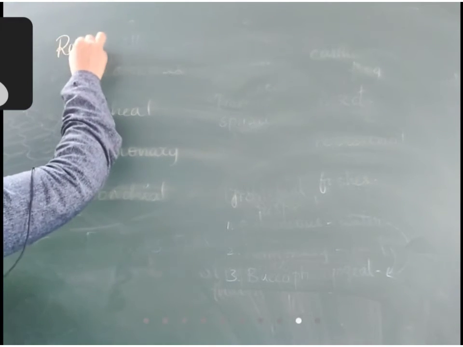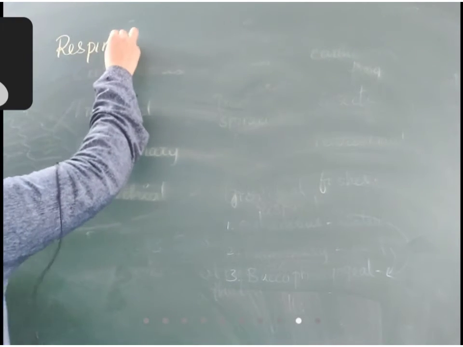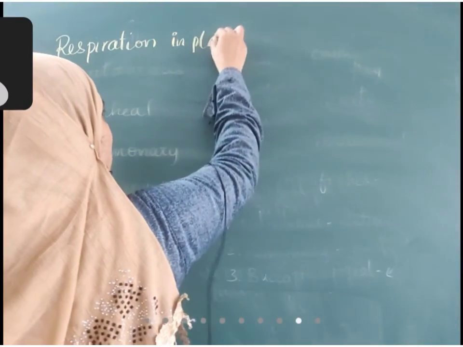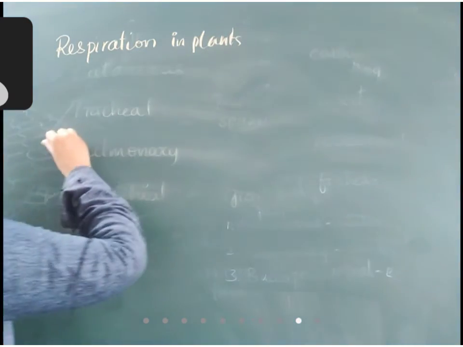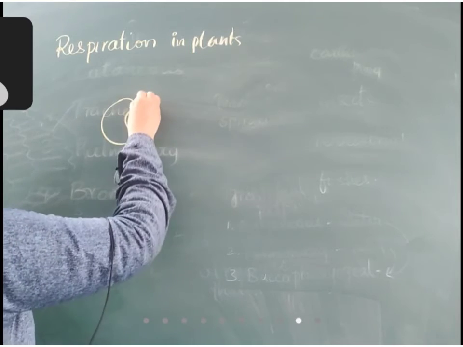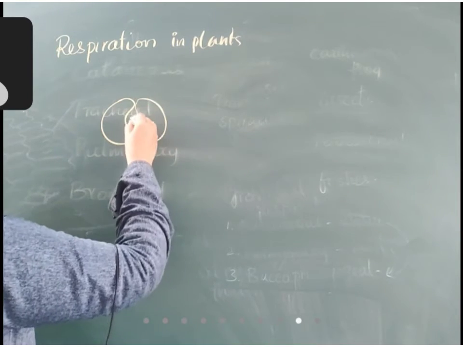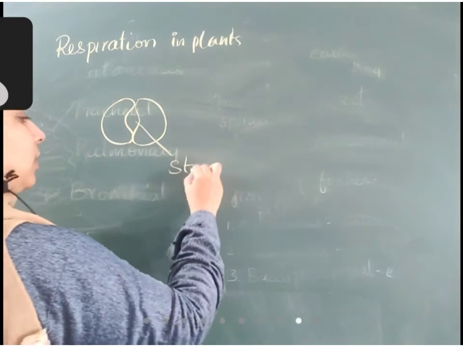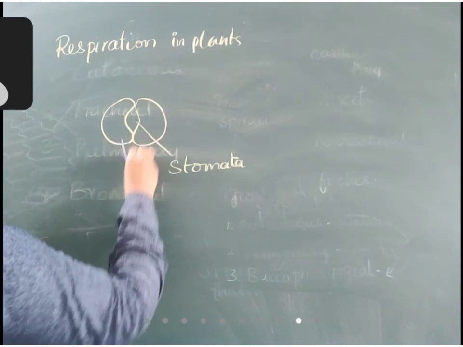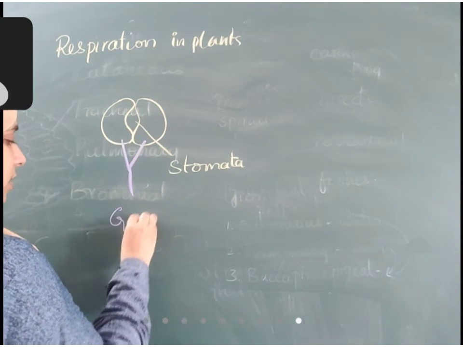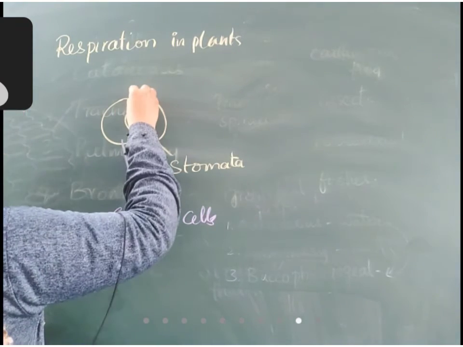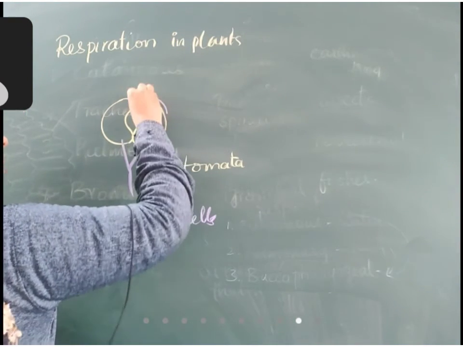Now, respiration in plants. We have been studying for many years that the lower surface of a leaf has holes called stomata, which are guarded by guard cells.